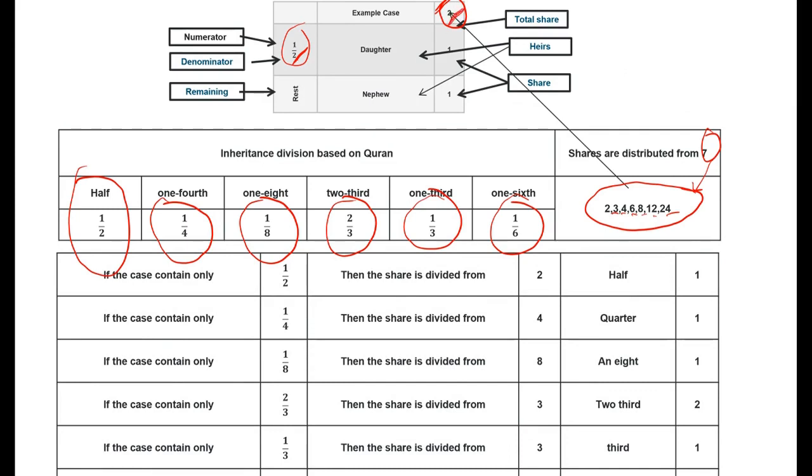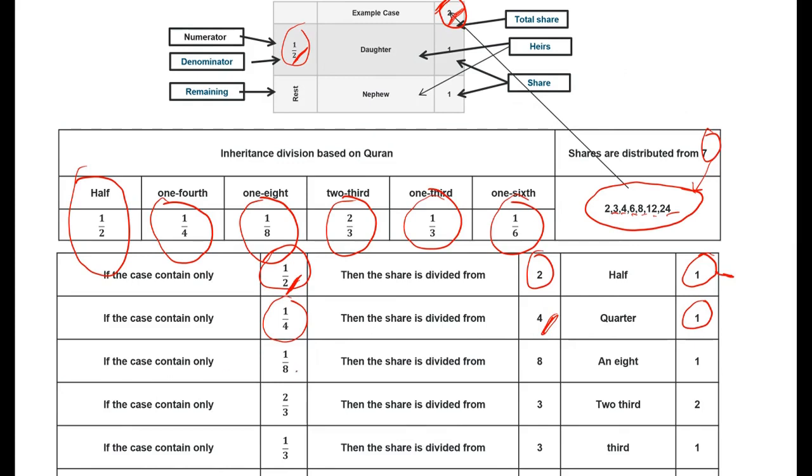If the case contains only half, the total share will be from the denominator, which is 2. So half of 2, the first person is going to get 1. If the case contains a quarter, then the total share will be from 4. A quarter over 4 is also 1.